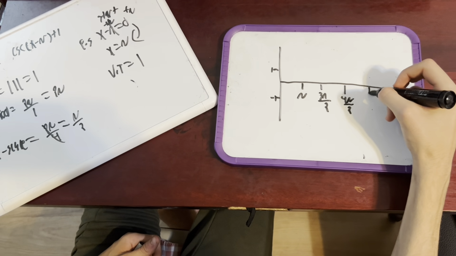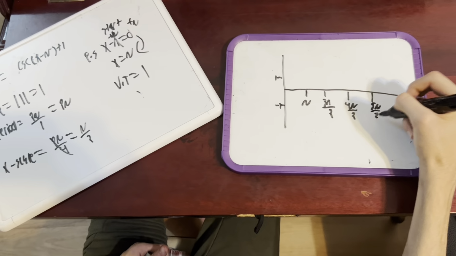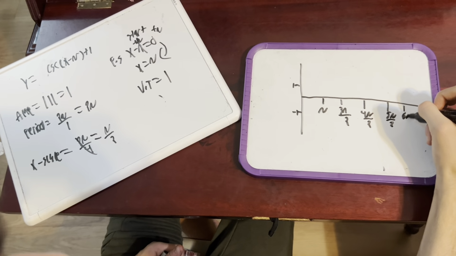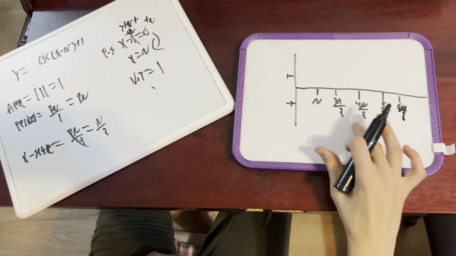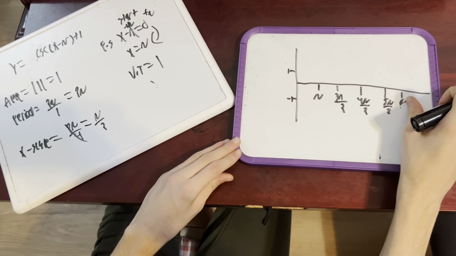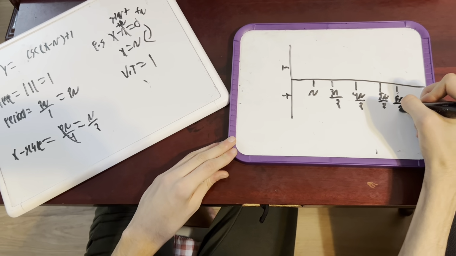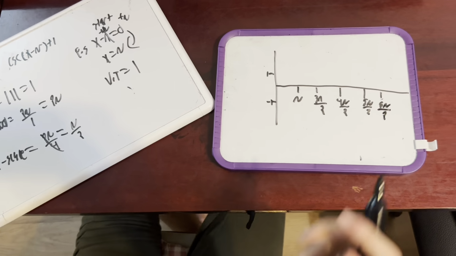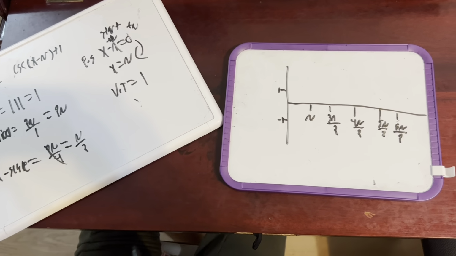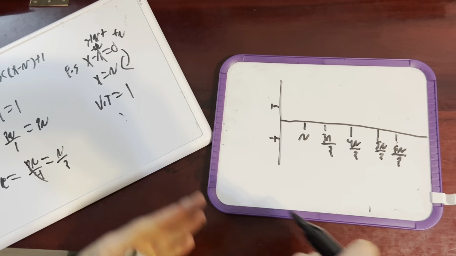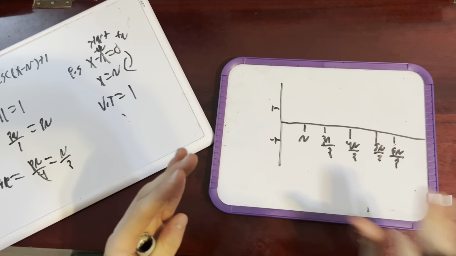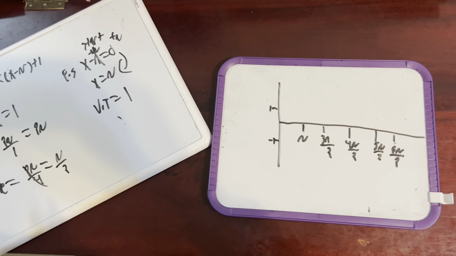Add another pi halves, you have 5 pi halves. Add another pi halves, you have 6 pi halves. Of course, you can simplify these, but I'm not doing it right now, because it's not really important, though it's always good to simplify in the exam, since you'll have the chance to. But that's not my focus in these videos. My focus is to just teach you guys how to graph this, for that we can translate it on the computer.